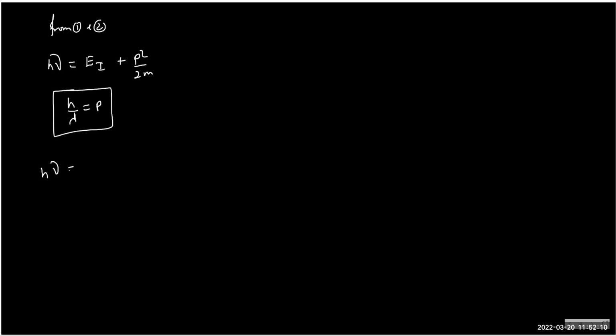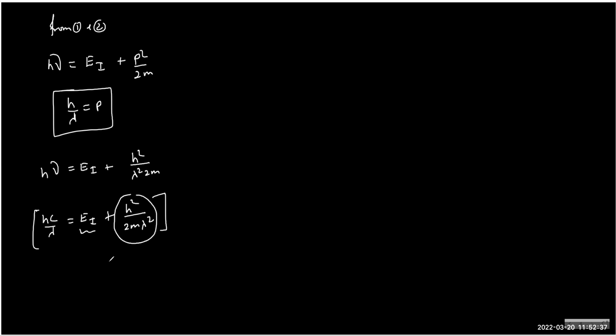So h nu equals E1 plus h square by 2m lambda square. Fine. Let me write it in terms of lambda. So hc by lambda is E1 plus h square by 2m lambda square. Now the problem is the mass of the atom is so high that this energy is almost nothing compared to this energy.